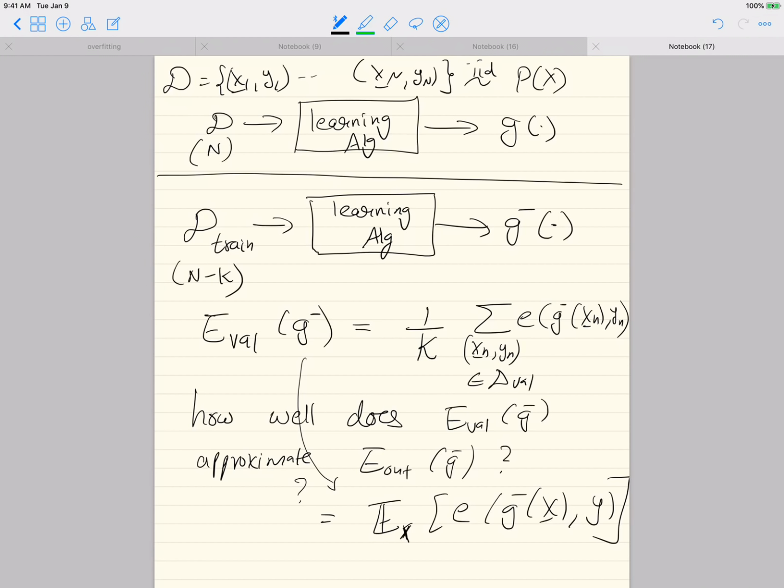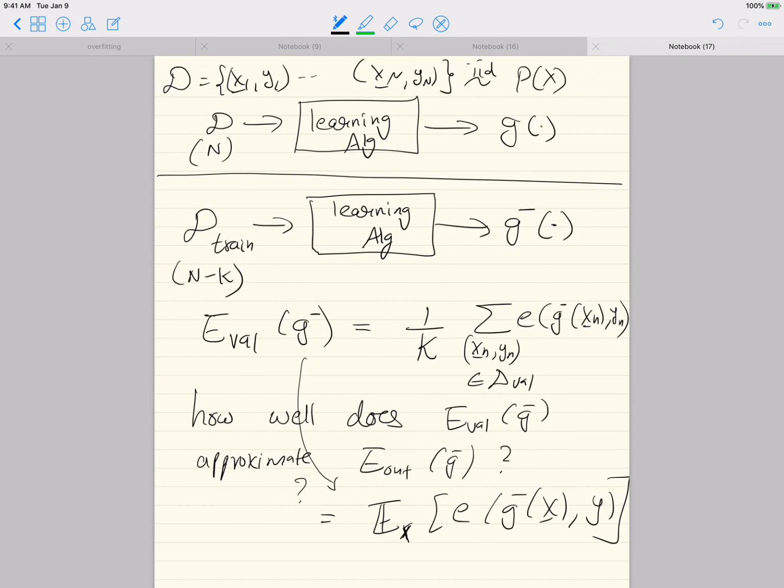If k equals infinity, so I think the point made before and now is that k is finite. So Eval is changing. It's a random quantity. Eval is not a deterministic quantity because you're taking an average over Dval, and Dval is also drawn from this distribution. So if you fix G minus, E out is fixed. It's a deterministic quantity. But Eval of G minus is still random because you're averaging over a random set of points.